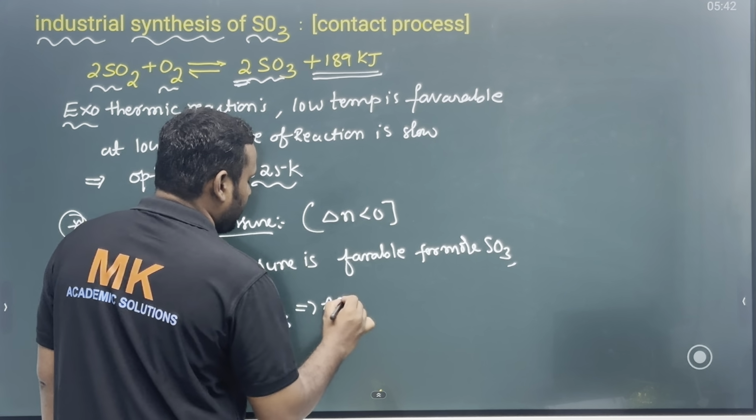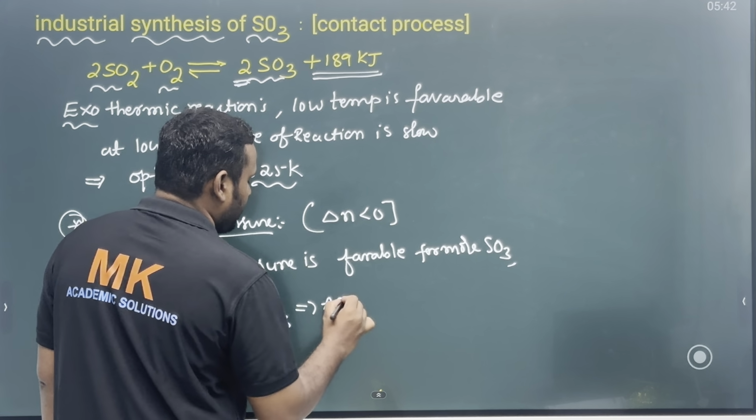This is the difficulty in using high pressure here. That's why they do not use very high pressure, and they use optimum pressure to prepare the sulfur trioxide gas.